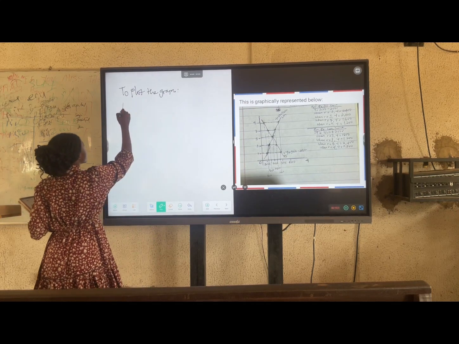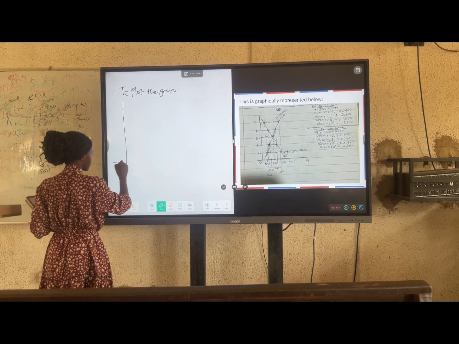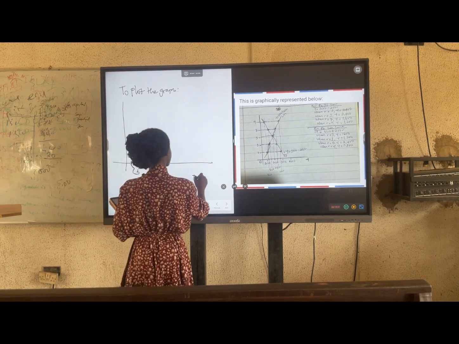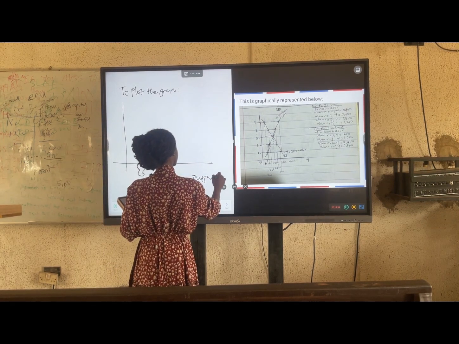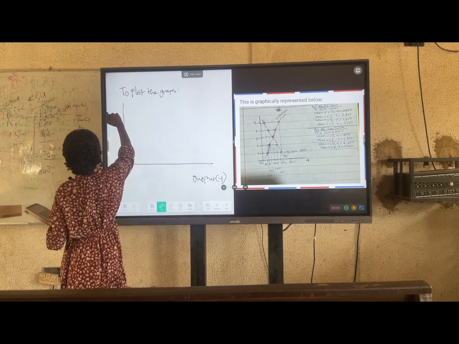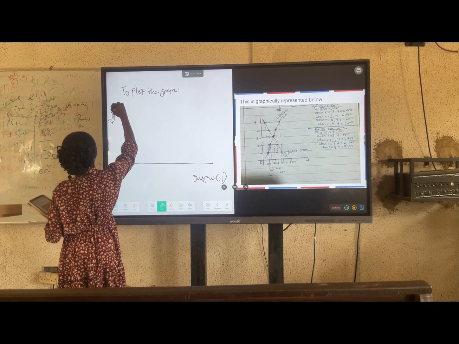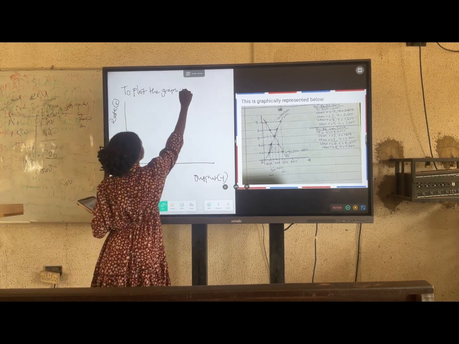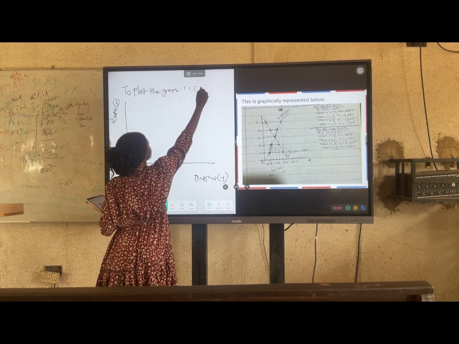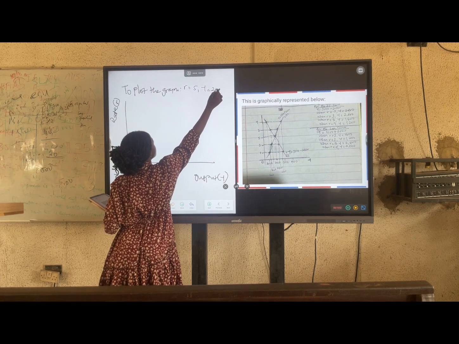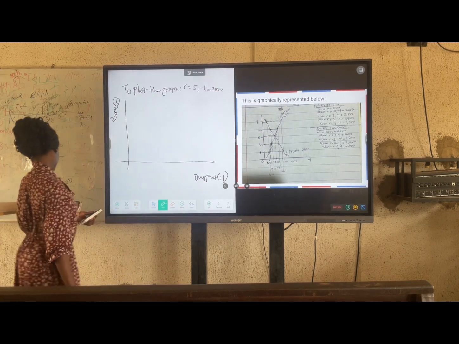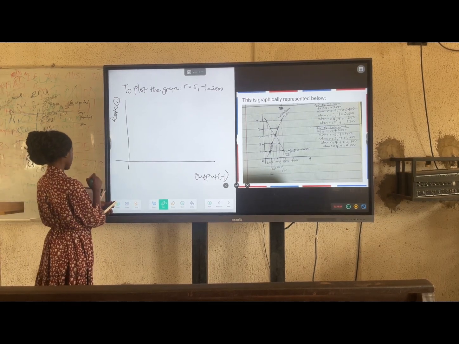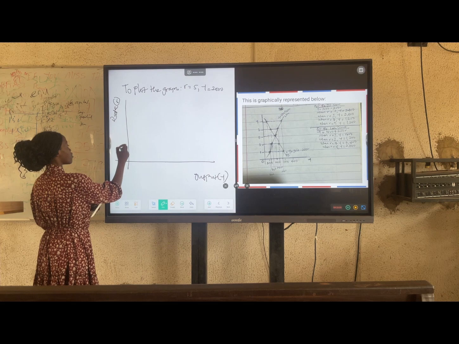For the x axis we have our output, and for the y axis we have our rates. So to plot the graph, our equilibrium interest rate is 5, while our equilibrium output is 2000.